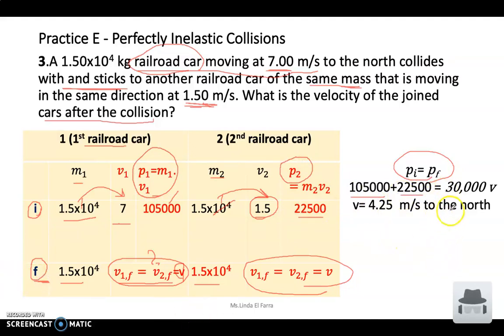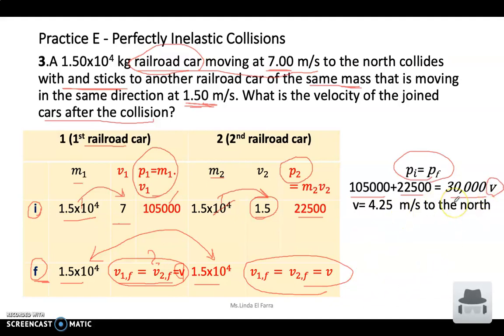I don't have the value of V, so I add their masses because they stick together, and they move with the same velocity. So 1.5 times 10 to the power 4 plus 1.5 times 10 to the power 4 gives you 30,000 times V.